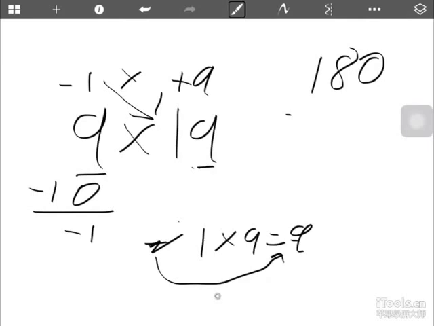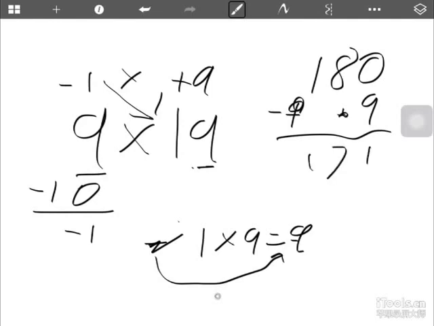And we just do the last question to figure out the answer. This is really 180 subtracted by 9. So 180 subtracted by 9 is 171.